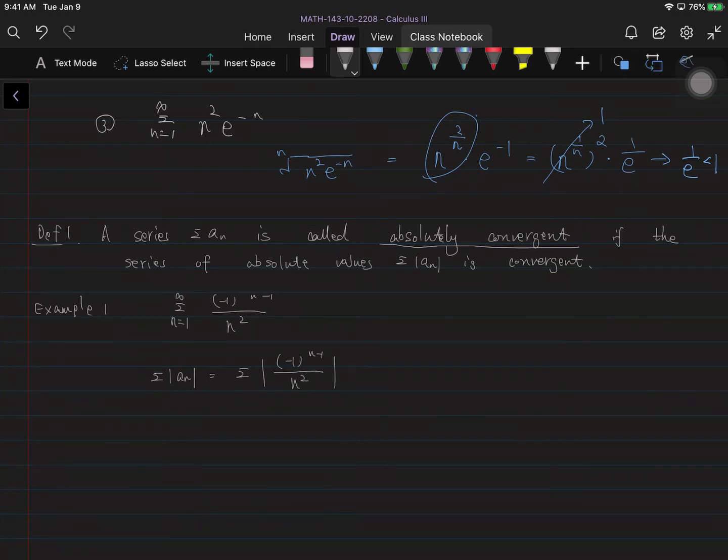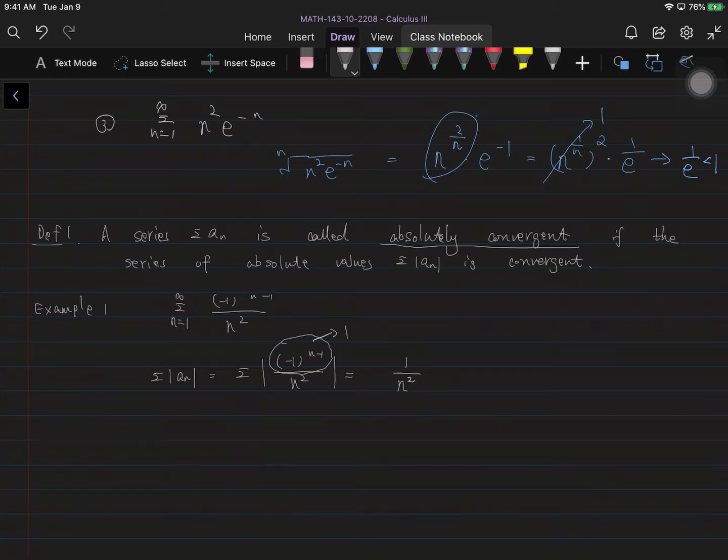When we take the absolute value of all the terms, the negative 1 to the power n minus 1 equals positive 1, it will always be 1. So you just make this into 1, and it will go away. So it's just 1 over n squared. Because n squared is positive, you don't have to put an absolute value there.